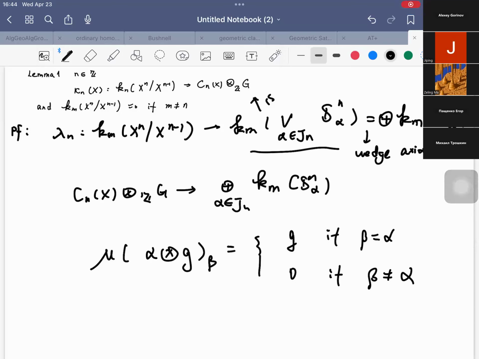It is easy to check this isomorphism, because if you have an element from here, you just take it to one generator. Because this is a free Abelian group, you can take it to the generator of C_n X, and you can check this is an isomorphism.